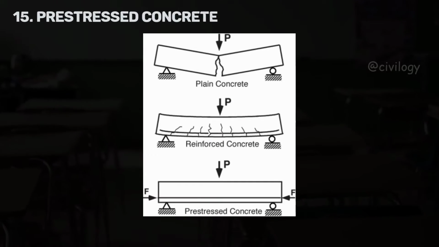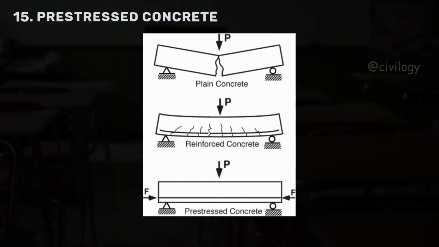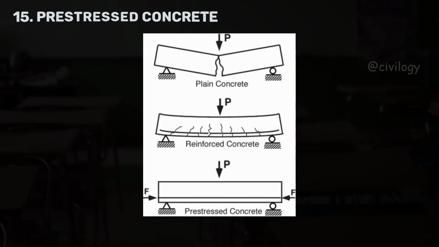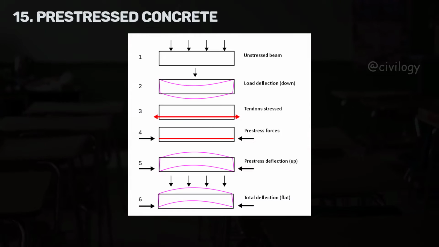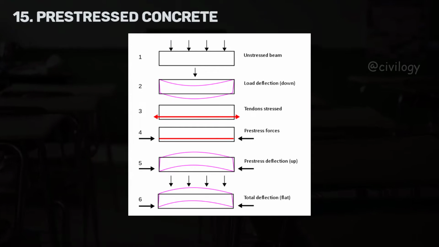Next, prestressed concrete. It is a special type of reinforced concrete in which the reinforcing bars are tensioned before being embedded into the concrete. The tensioned wires are held firm at each end while the concrete mix is placed. The result is that when the concrete sets and hardens, the whole concrete member is put into compression.